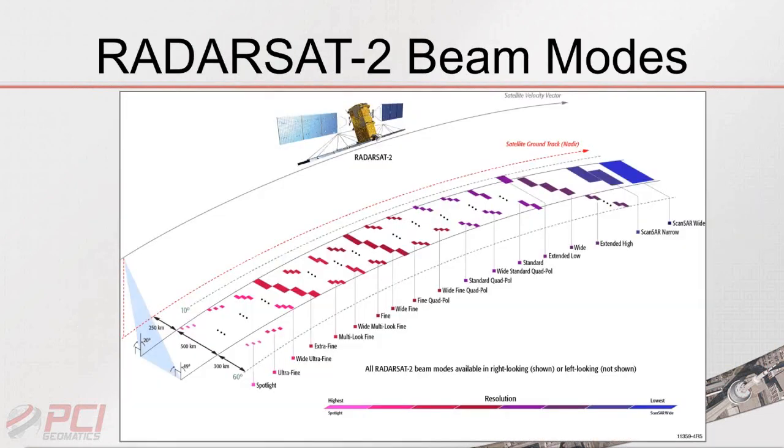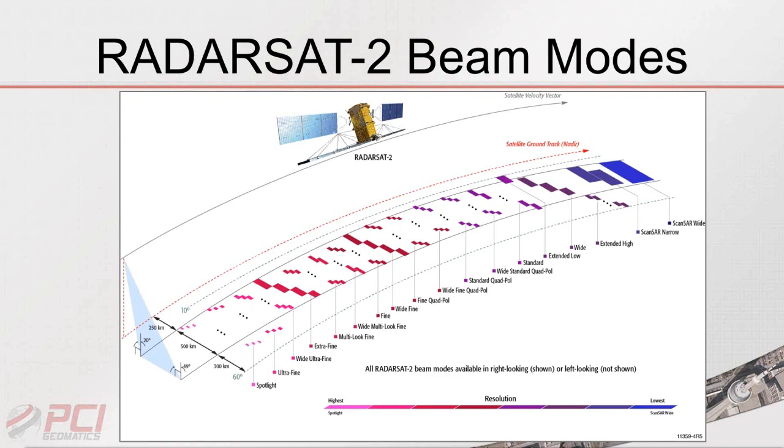And what we're talking about there in terms of flexibility is that RADARSAT-2 has 18 different beam modes available on the satellite. And so what that gives us is the ability to find the right combination of resolution and coverage for any application need. What we're looking at here is a little diagram that shows the different beam modes that are available on RADARSAT-2.